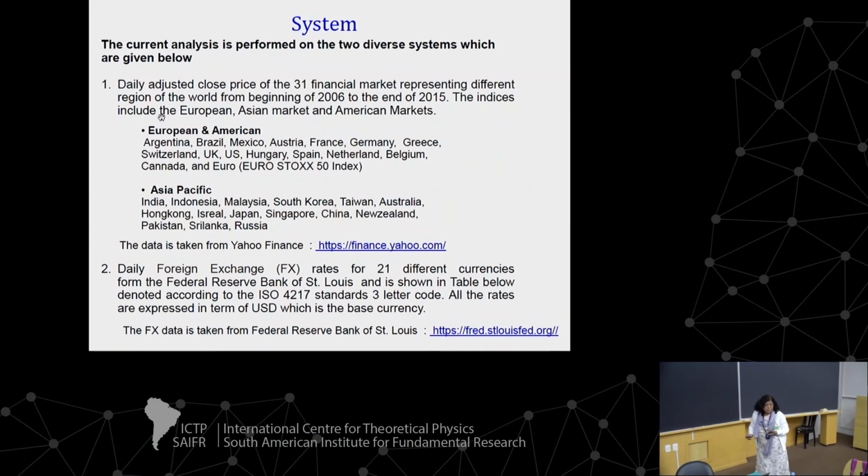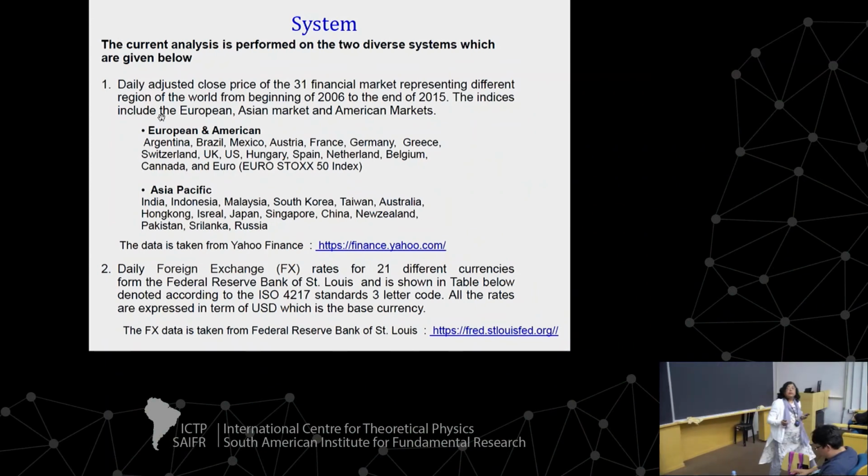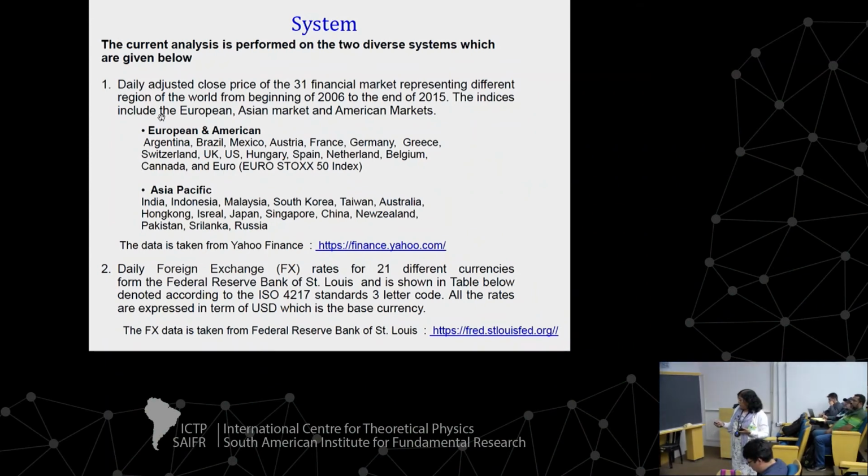Okay, so the system that we'll be working on, we were studying, is these two systems. There are 31 financial markets, and we'll be studying the system from 2006 to 2015. These are the indices that we'll be interested in, the European, Asian, and the American markets.